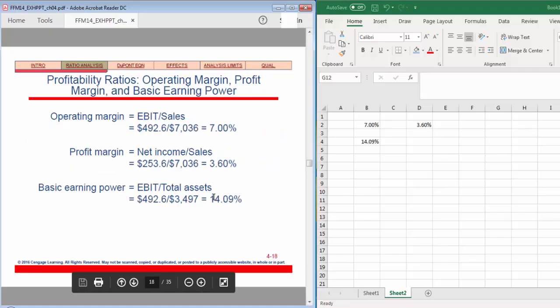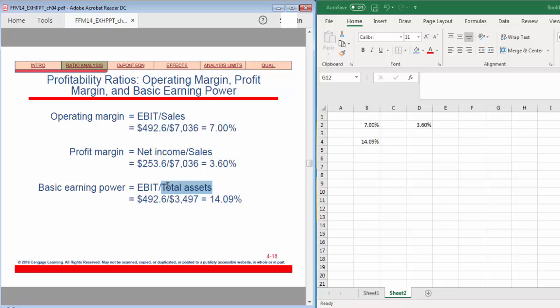So you want this number to grow higher. Obviously, if you were to reduce your total inventory and total accounts receivable, you would have the basic earning power go even higher.